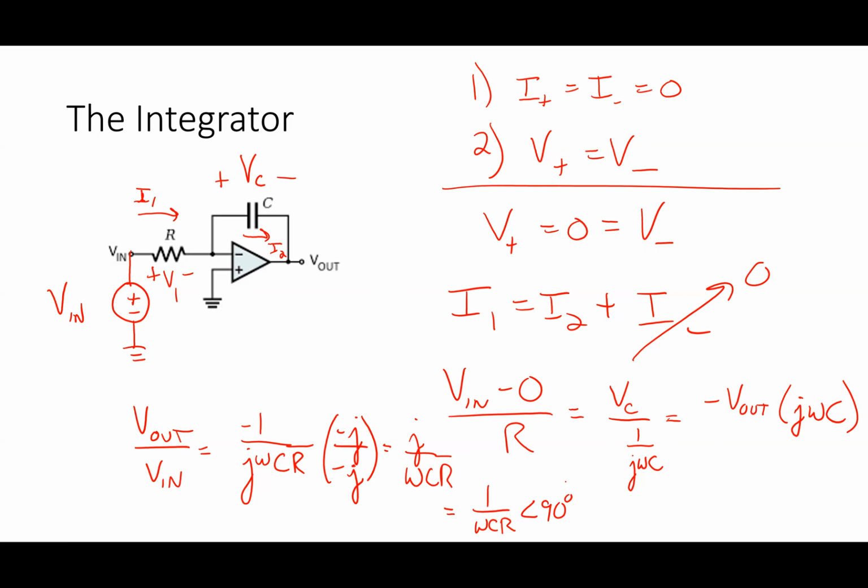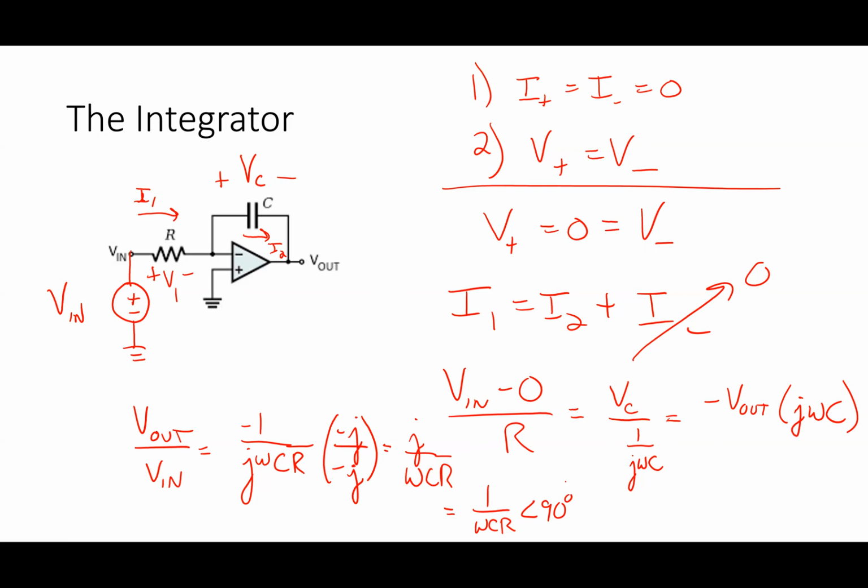Okay. So I end up with this. This is basically what we're going to start thinking about next. Let's say Vn was a sine wave and I don't know its frequency, and I want to think about what would happen if the frequency of the sine wave at Vn changed. In other words, let's say I hooked it up to a function generator and I changed the frequency of the function generator.